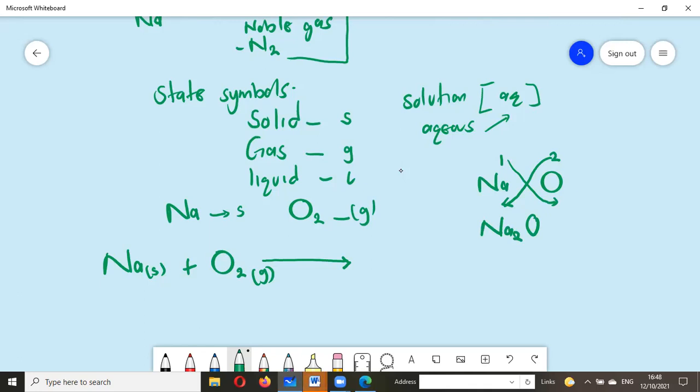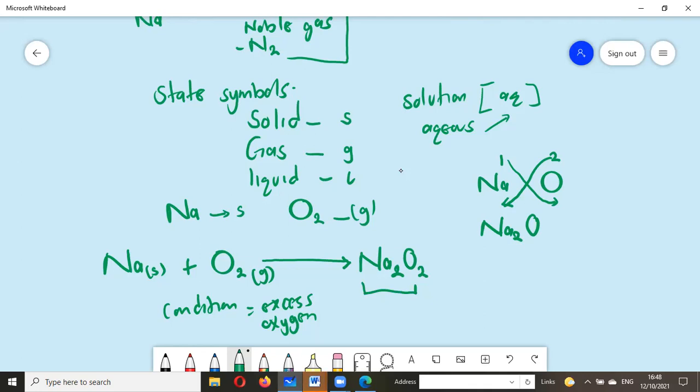That's the condition for peroxide. So the condition here is excess oxygen, so we just put a 2 here in case of excess oxygen. Now this is the formula of sodium peroxide.